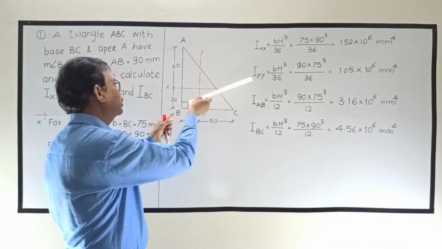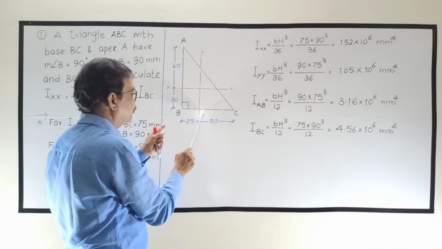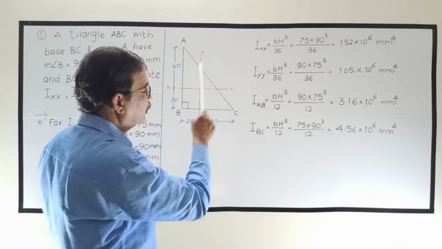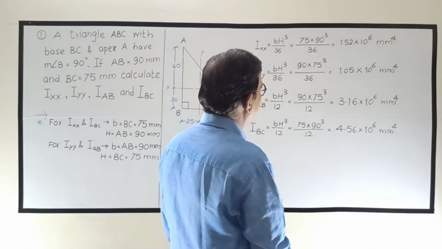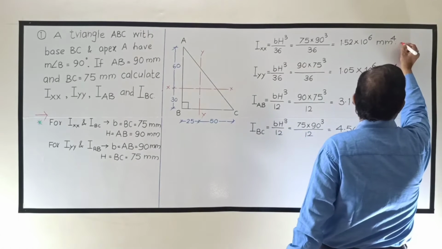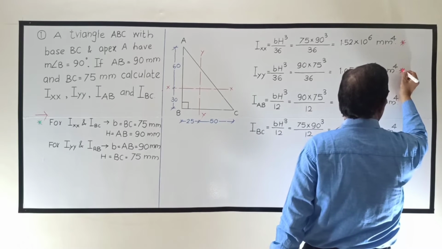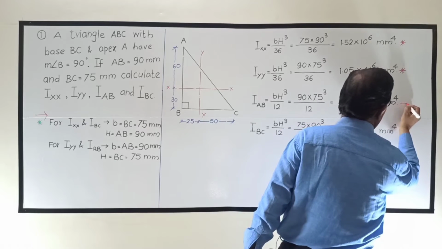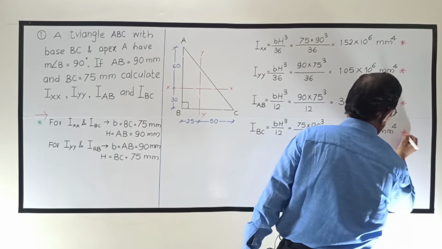If you turn this through 90 degrees, this will become base and this will be height. So in this manner, we can calculate moment of inertia of a right angle triangle about x-x axis, about y-y axis, about the vertical side, and about the base.